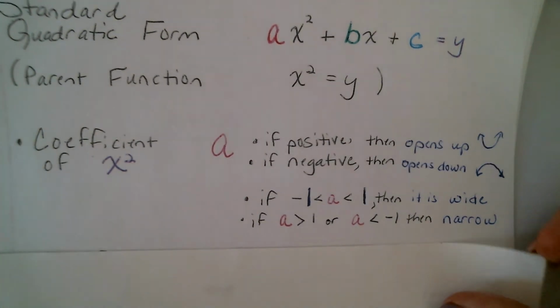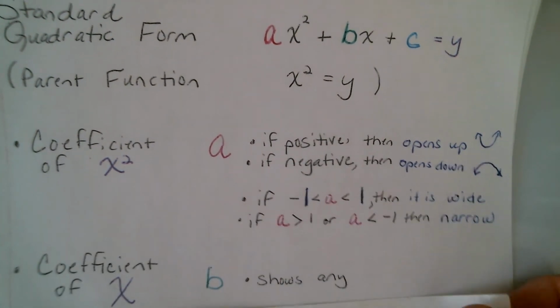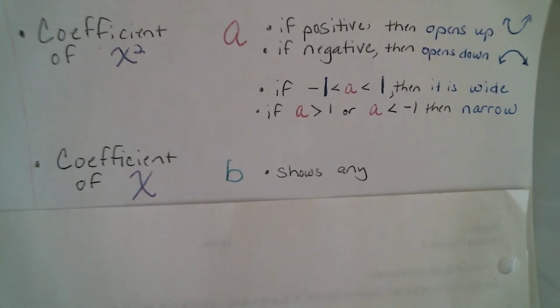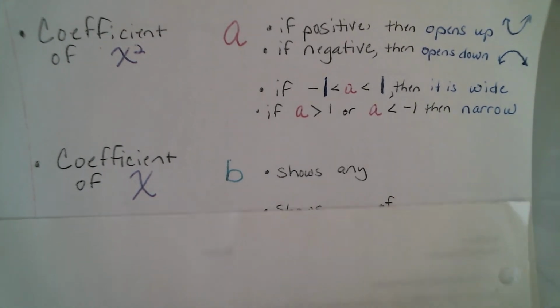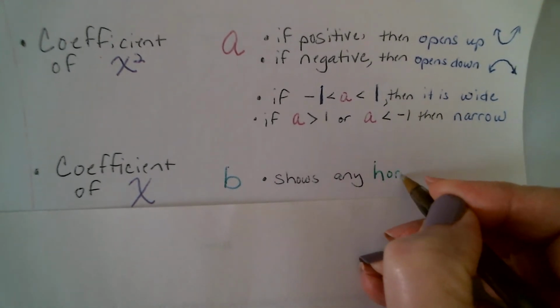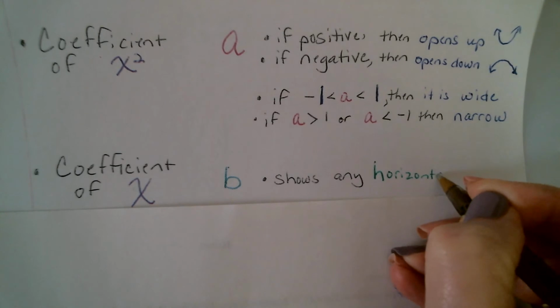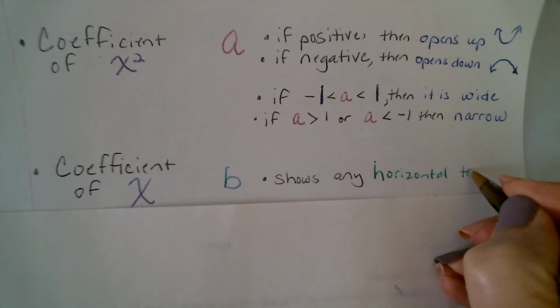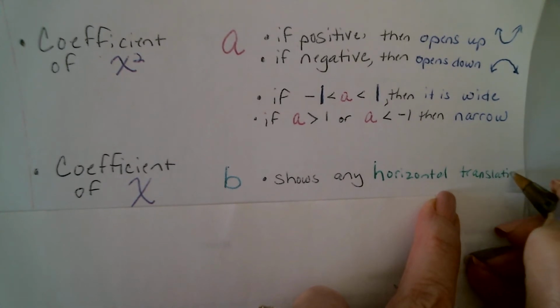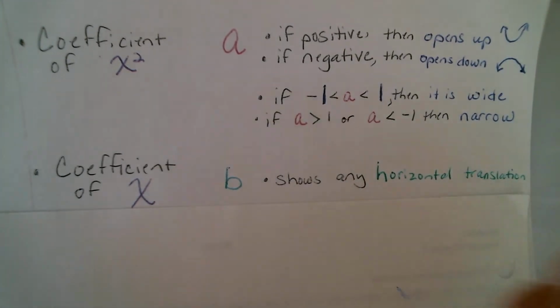Okay, let's skip on then to the coefficient of x, or b, that b value. The b value is going to show us any horizontal translation. Now translation, you know, hopefully from work from last year, translation is a slide. So it's going to slide it left or right.